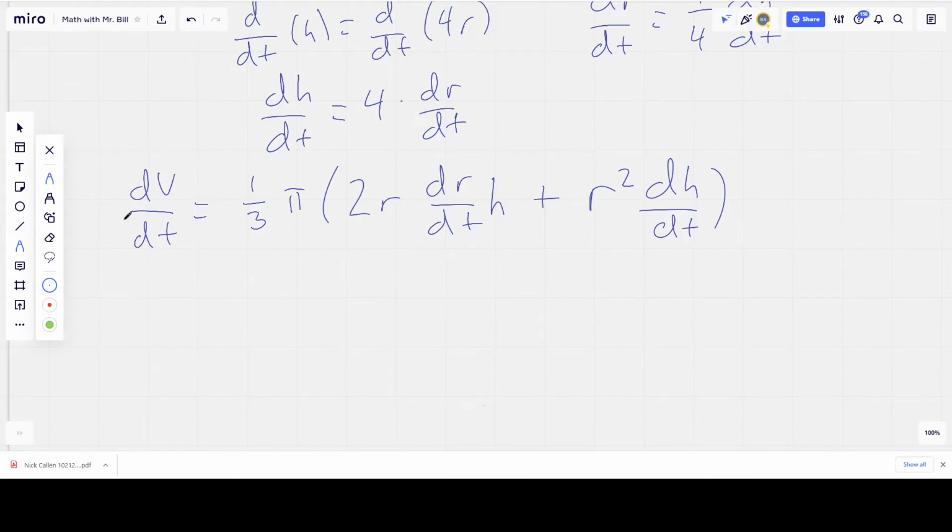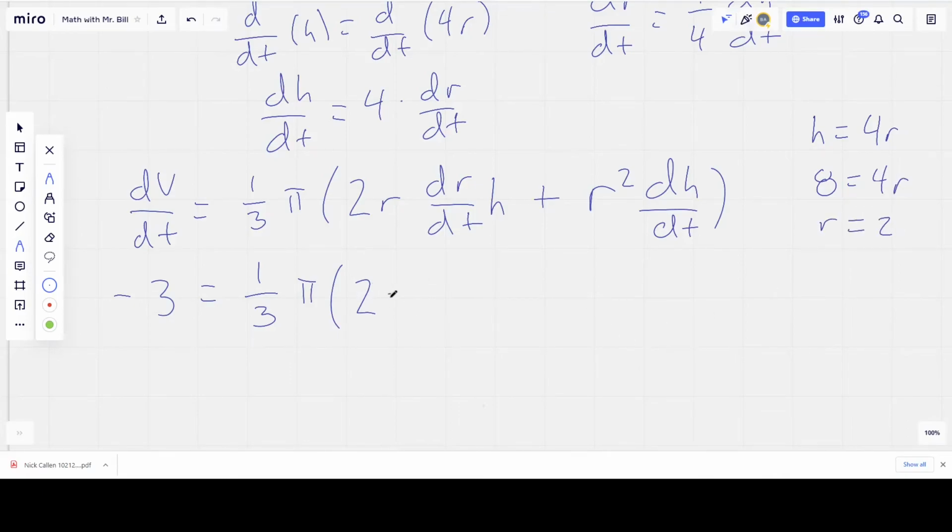Okay, so there's my derivative. So let's start plugging things in. I know from the problem that dv dt is -3, and that's going to be equal to 1/3 pi times 2 times the radius. Well, if the height is equal to 8, I know that h is equal to 4 times the radius. If the height is equal to 8, then the radius must be equal to 2.